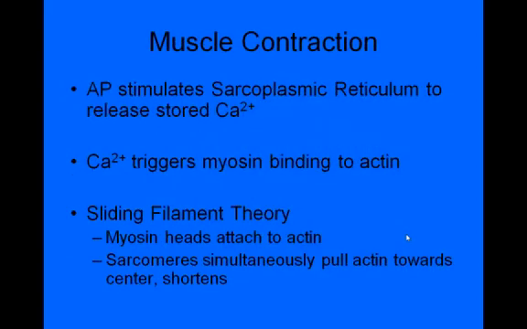That action potential stimulates the SR, or sarcoplasmic reticulum, to release stored calcium. That calcium then triggers myosin to bind to actin, and you get the sliding filament theory. That's the myosin head attaching to actin. The sarcomeres will simultaneously pull actin toward the center, thus shortening or contracting the muscle.